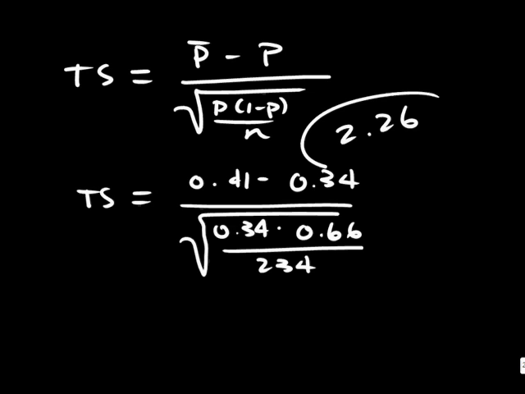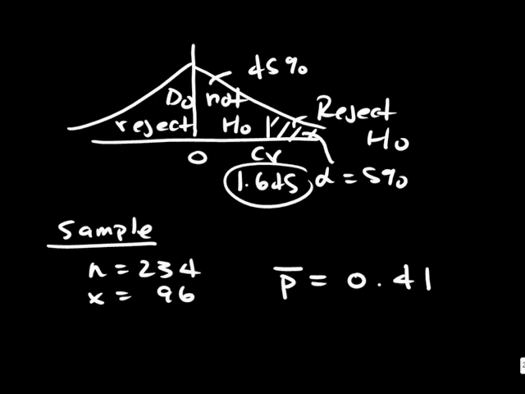Let's see where 2.26 lives on the decision rule. 2.26 is positive, so it's to the right of 0, and it certainly goes past our 1.645 critical value. 2.26 could be somewhere over here.